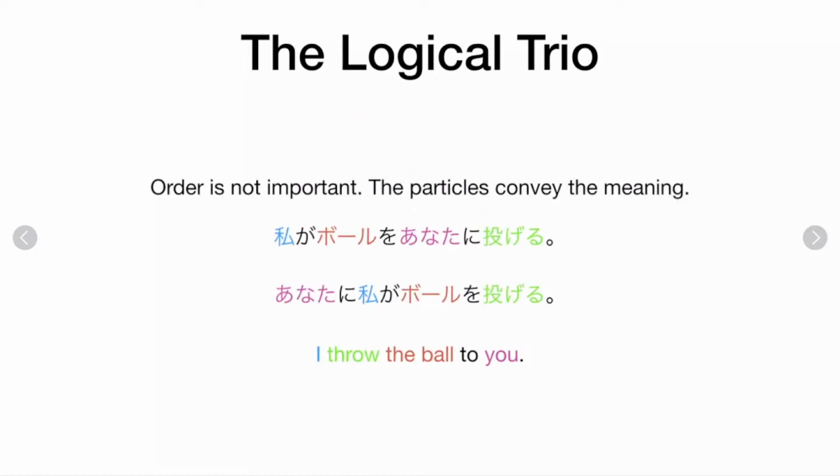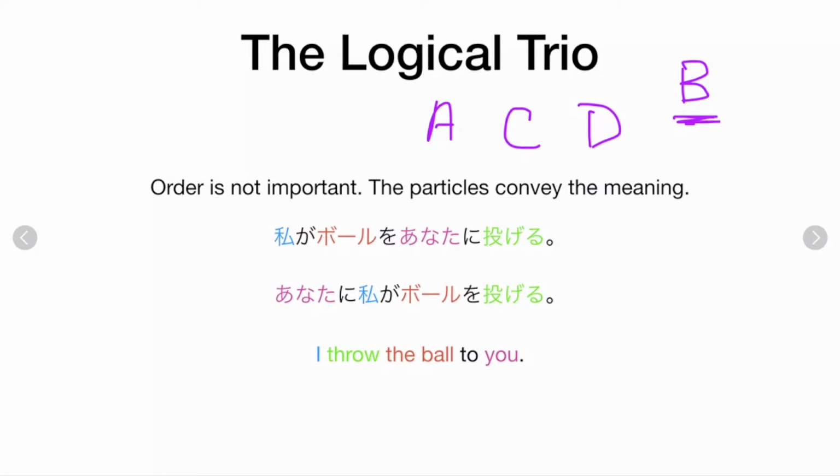Order is not important within the particles as long as, right, you end your sentence with B. And later we'll see that it doesn't even have to be that. But for now, as long as you end your sentence with B, you can have A ga, you can have C o, and D ni in whatever orders you want.